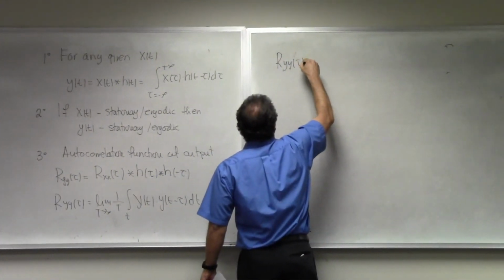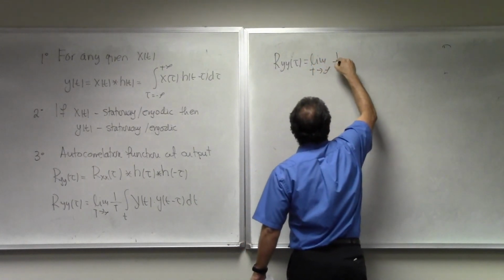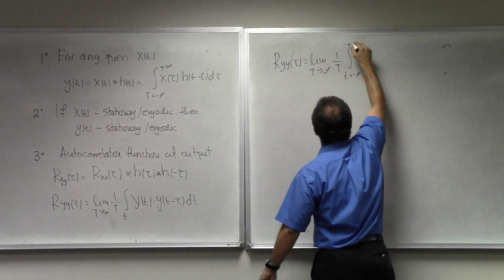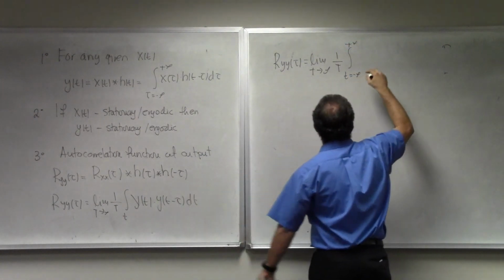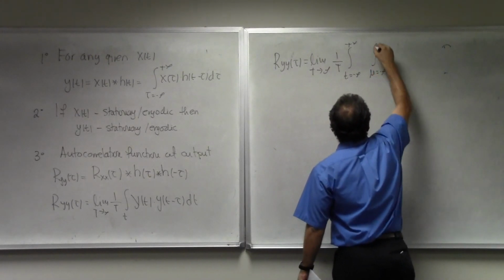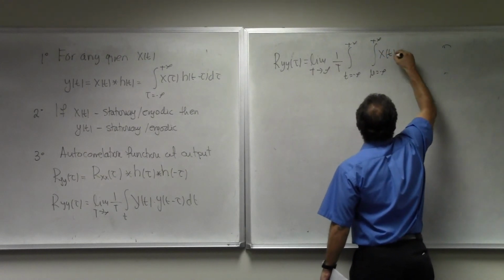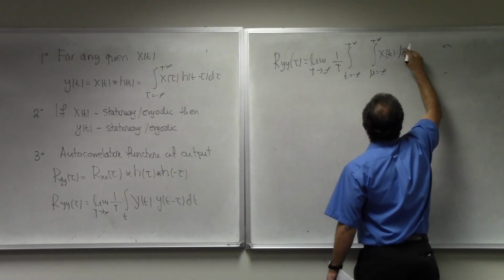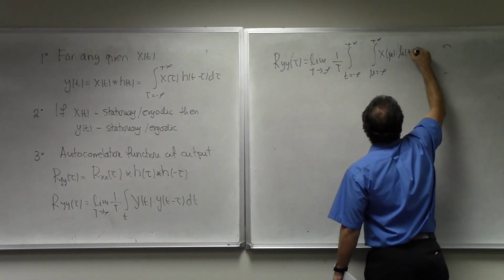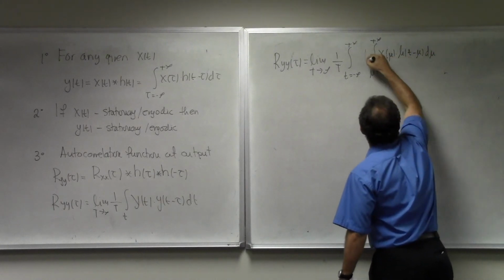RYY of tau is the limit when t goes to infinity, 1 over t, integral when t goes from minus infinity to plus infinity. And instead of y of t, you say integral when mu goes from minus infinity to plus infinity, x of mu, h of t minus mu d mu. So that's your first integral.